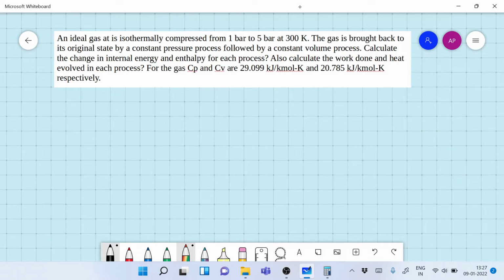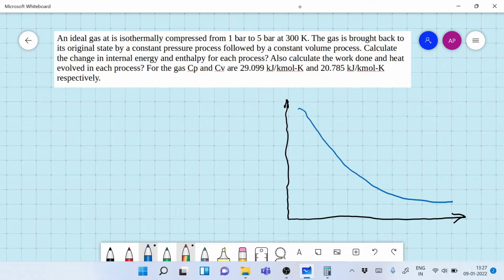So there we go. So let's draw our pressure axis followed by our volume axis. Now the first process is that the gas is isothermally compressed from 1 bar to 5 bar at 300 Kelvin. So we take an isotherm at 300 Kelvin. The initial condition is 1 bar.